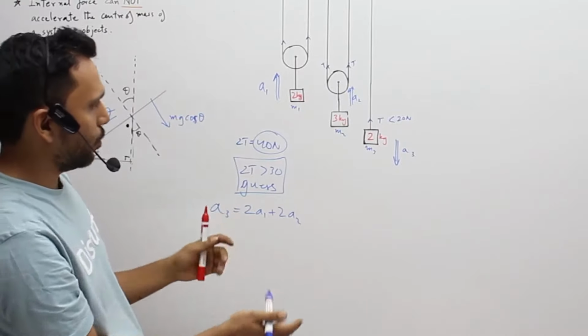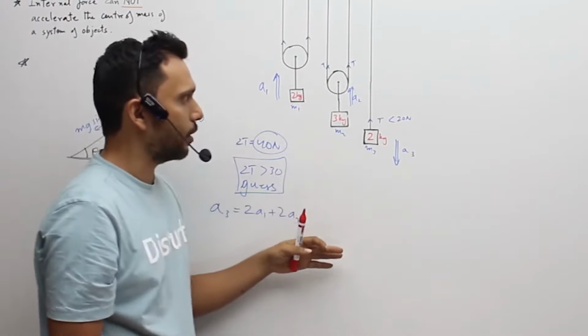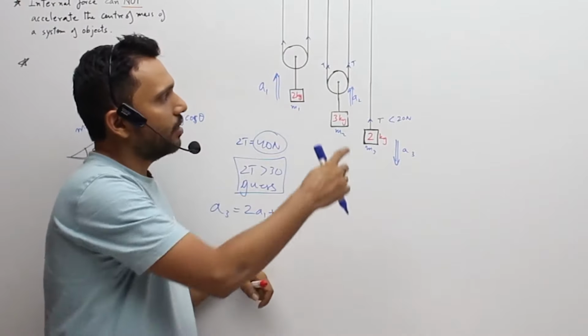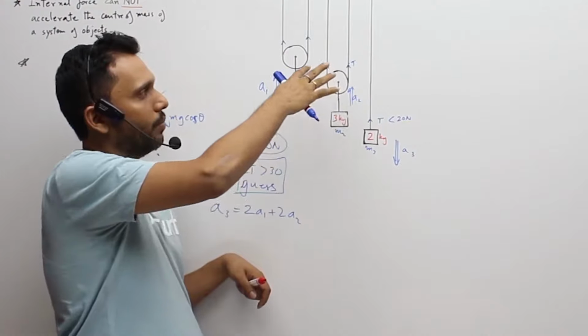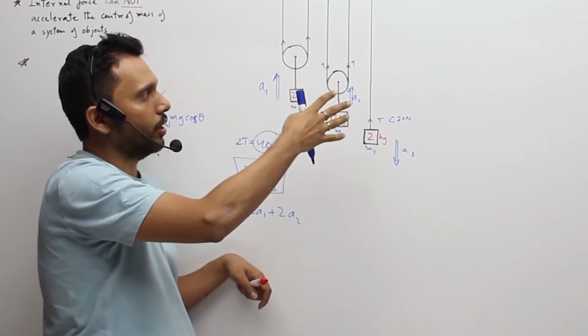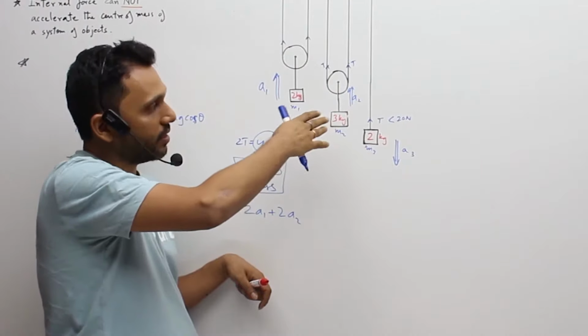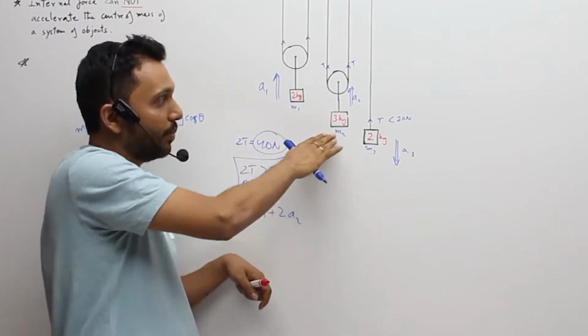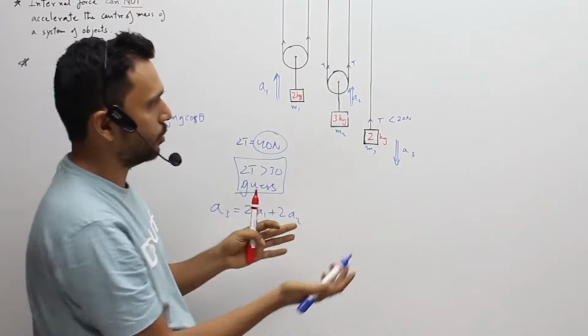Now let us make the equations and see whether our analysis was correct or not, and whether our thinking here that the 2T is going to become less than 40, and it might become lesser than 30 also, and this body may go down if the movement is too fast, means if the acceleration is too much.